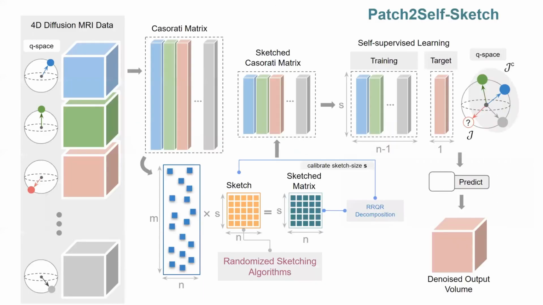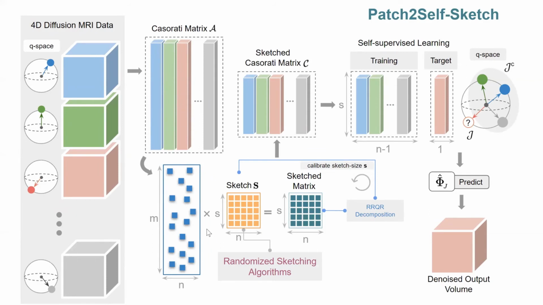So let's see how this works within the Patch2Self framework. Let's say you had your diffusion MRI data, where I've just shown in Q space, each point corresponds to a different gradient direction. You construct a Casorati matrix, like we did in Patch2Self, where each column corresponds to all the voxels or patches that you extracted, right? Now, you want to construct your sketched matrix, which basically has only a subset of the voxels from your entire Casorati matrix A, right?